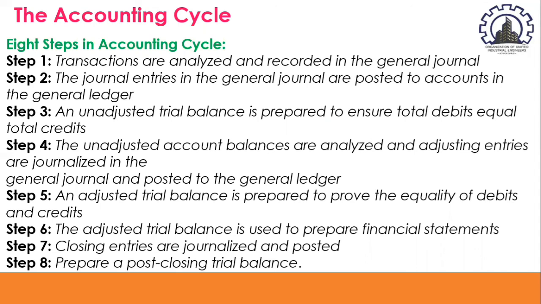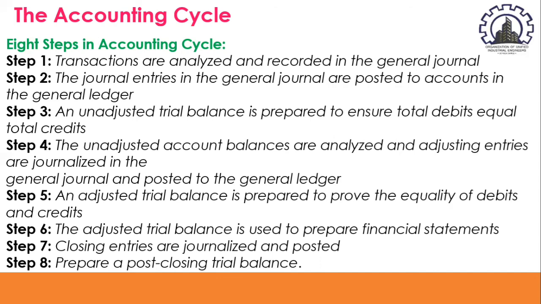And the 8 general steps in the accounting cycle, first, of course, transactions should be analyzed. When we say analyze the transaction, we need to see to it which accounts are involved in our transaction.